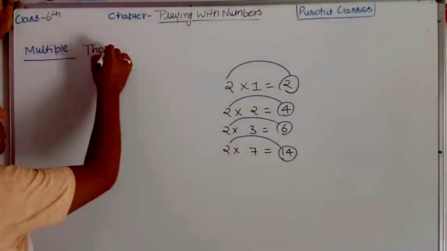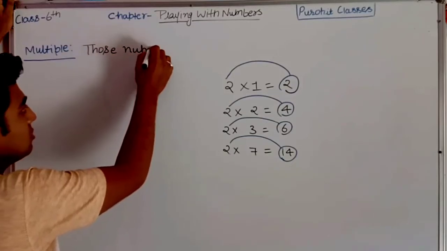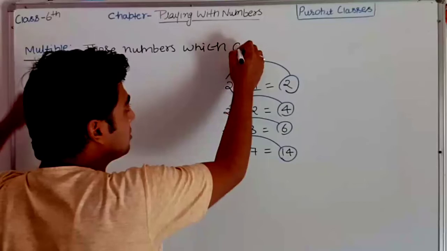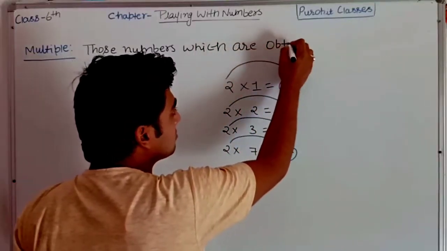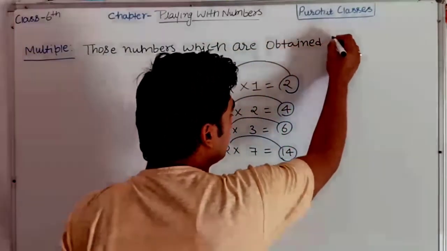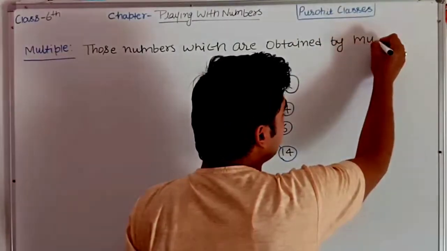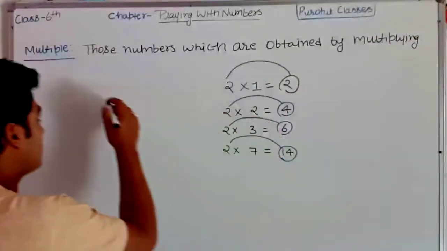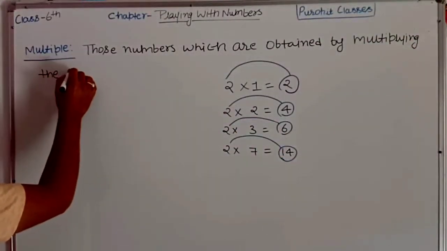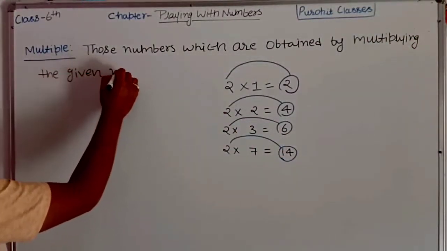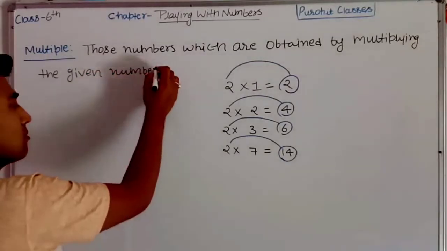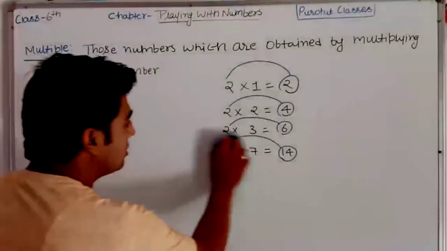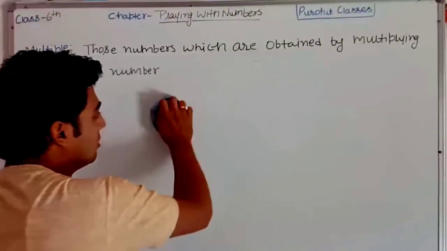Those numbers which are obtained by multiplying the given number with different numbers.